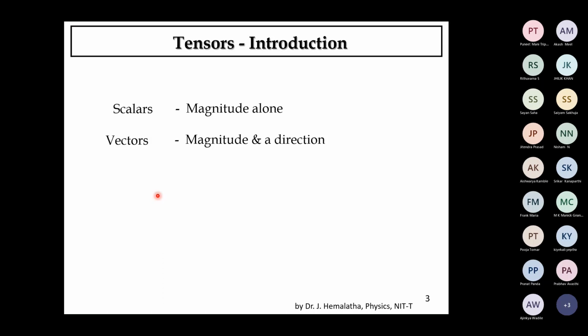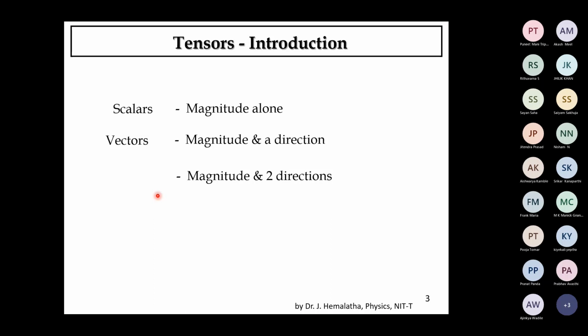And the physical entity which requires a magnitude along with a direction, we name it a vector. Now just imagine some physical quantity that requires a magnitude and two directions.